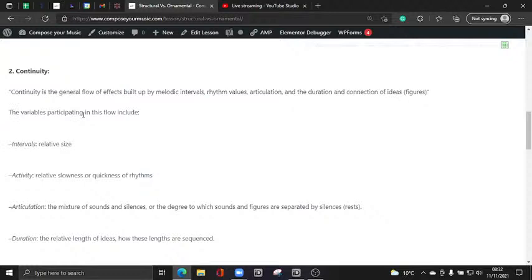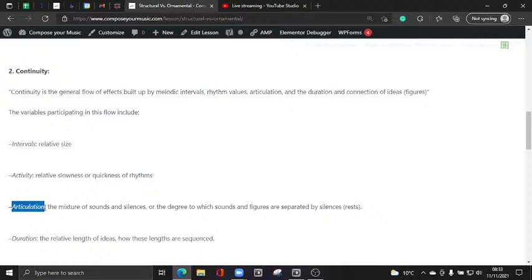So the variables participating in this flow include intervals, the relative size; activity, the relative slowness or quickness of rhythms; and articulation, the mixture of sounds and silences, or the degree to which sounds and figures are separated by silences or rests. We say rests, but it truly is a silence.